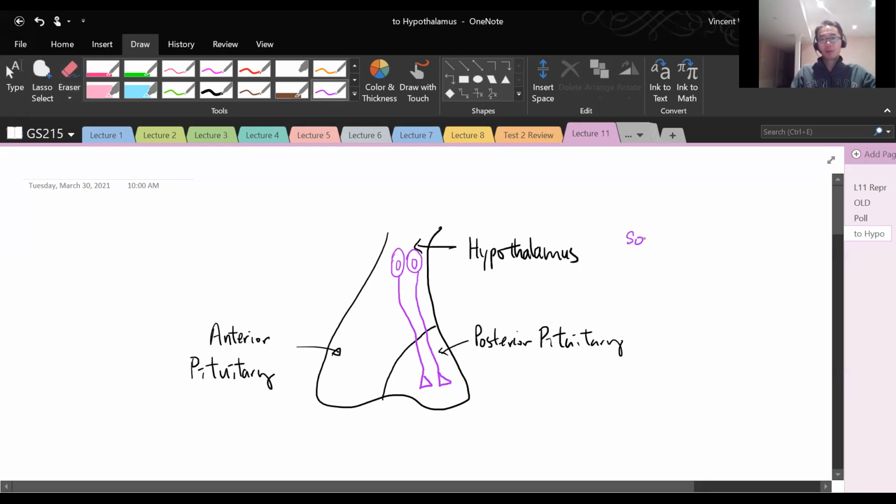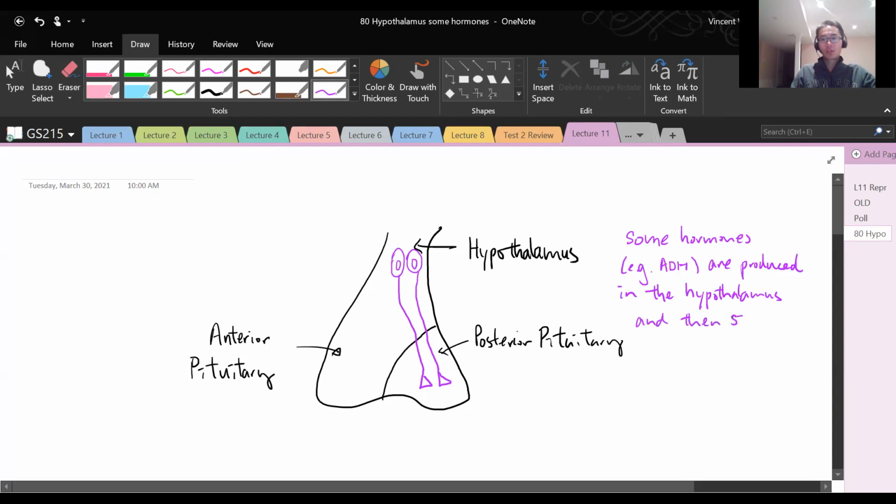So some hormones, e.g., ADH. We learned about ADH in the kidney. Antidiuretic hormone. Some hormones such as ADH are produced in the hypothalamus, and then stored and released from the posterior pituitary gland.